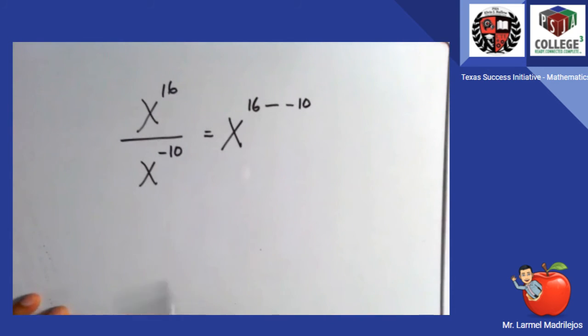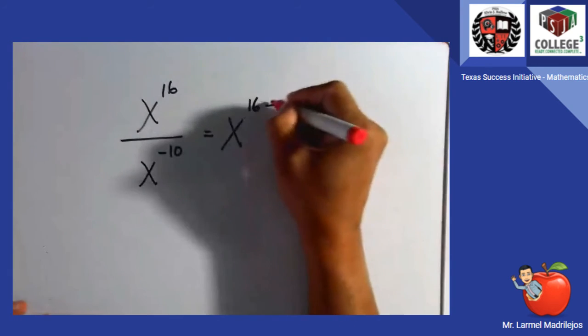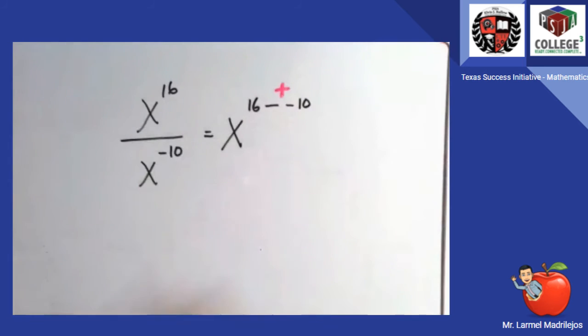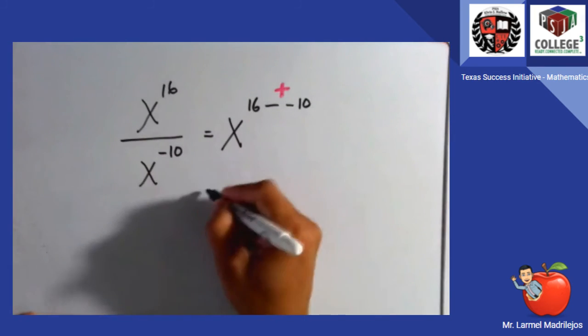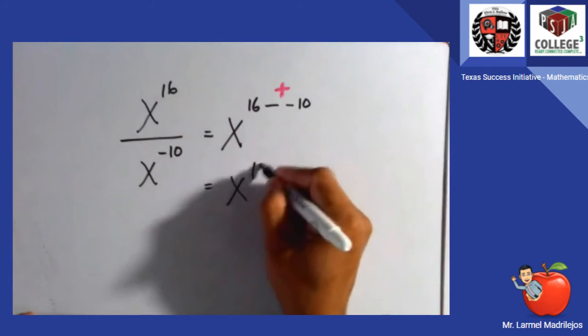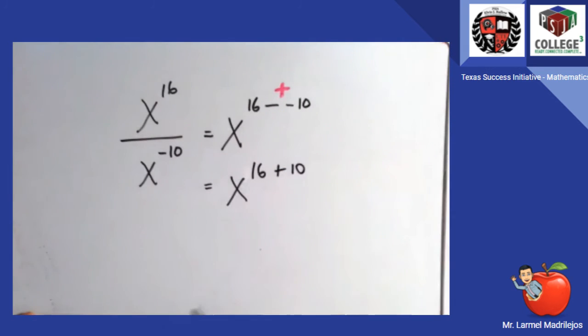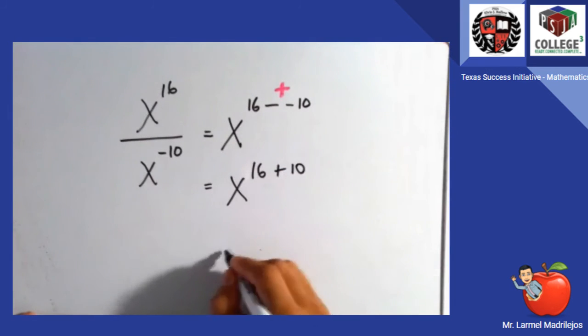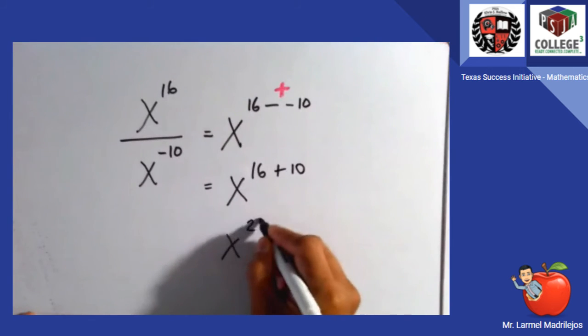So a negative and a negative, this turns to negative times negative, which is a positive. So 16 plus 10. My answer here is x raised to 26.